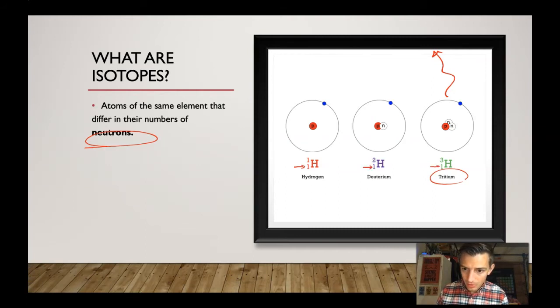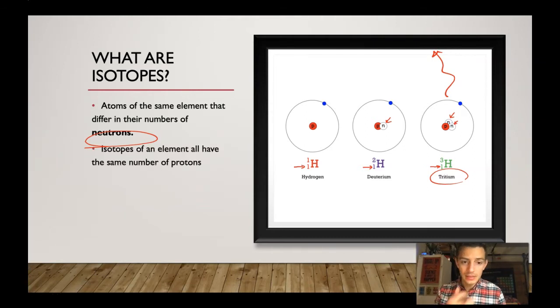They're all hydrogen. They all have the same number of protons. And you can see in the visual, we just add a neutron here, and we add another neutron onto this one. And so they end up weighing a bit more, right? In this case, we can just say that isotopes of an element all have the same number of protons, but they vary by mass number.